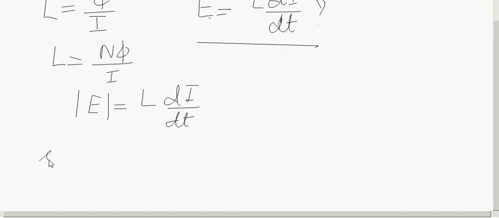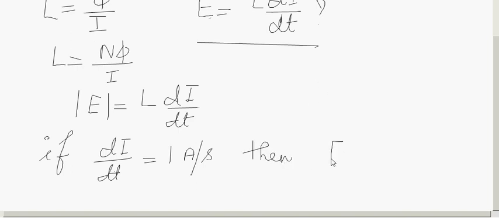Now if the rate of change of current, if di by dt is 1 ampere per second, if the rate of change of current in a coil is 1 ampere per second, then the magnitude of E is equal to L. So I can say that a coil has a self-inductance of 1 Henry.